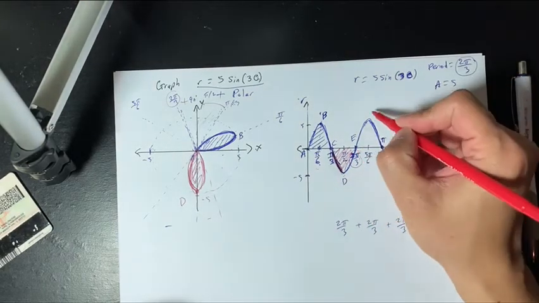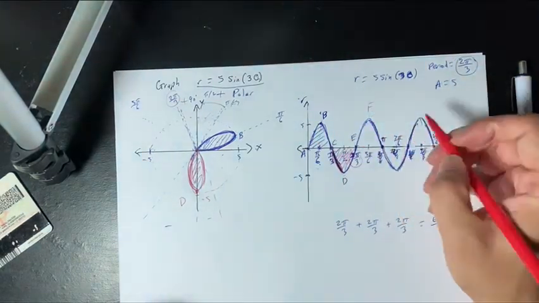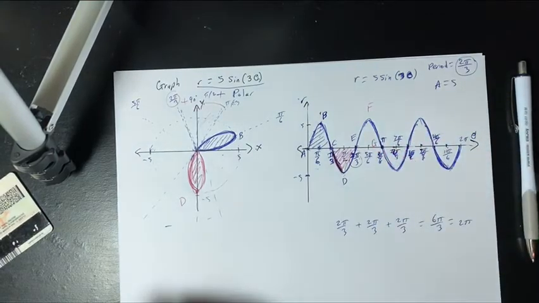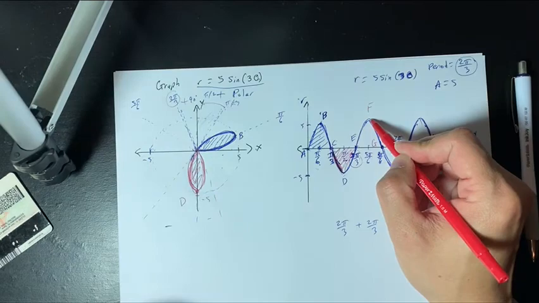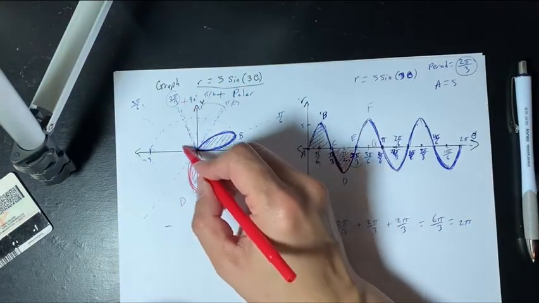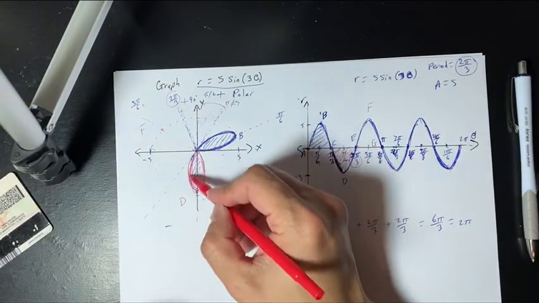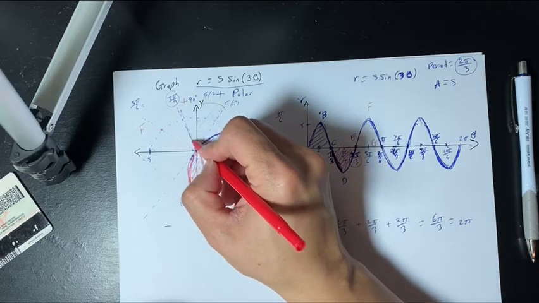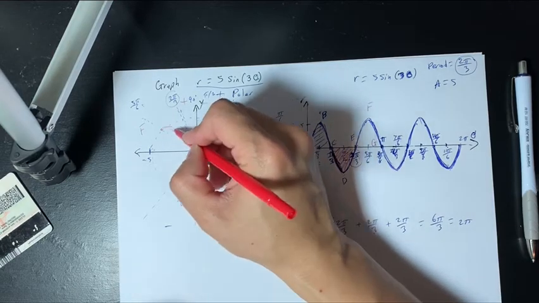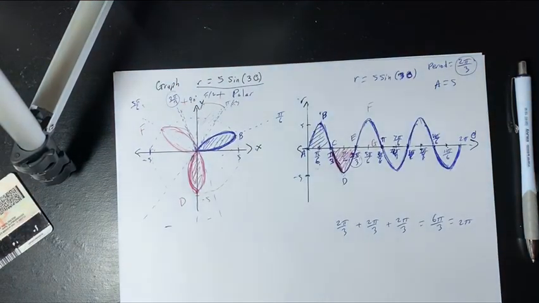So E, A, B, C, D, E, F is G. So at 5 pi over 6, you're at radius 5. So this should be F. And here's your next petal. Okay?